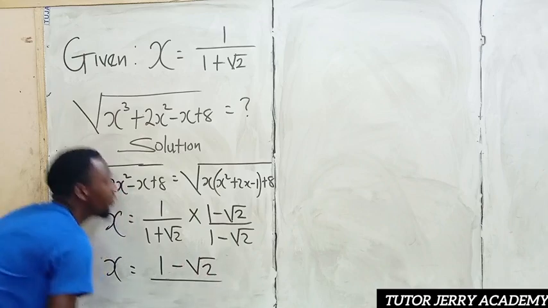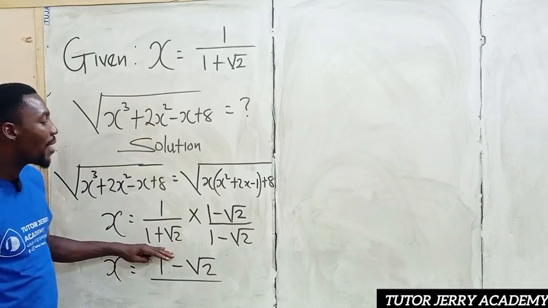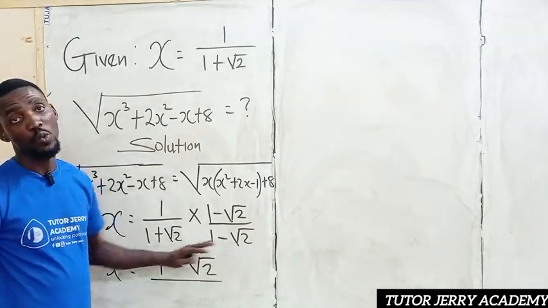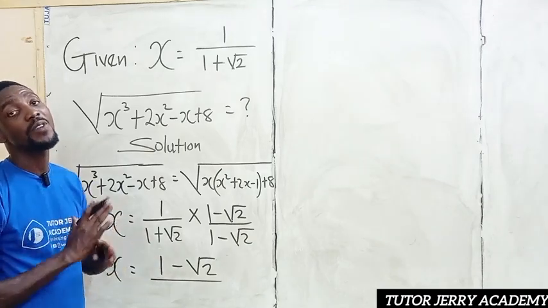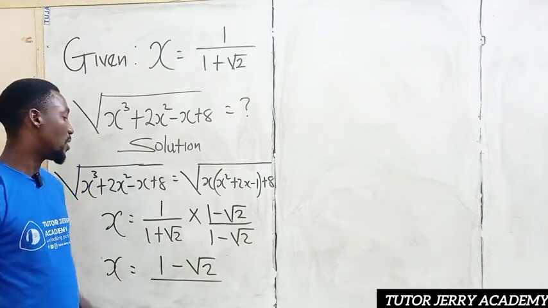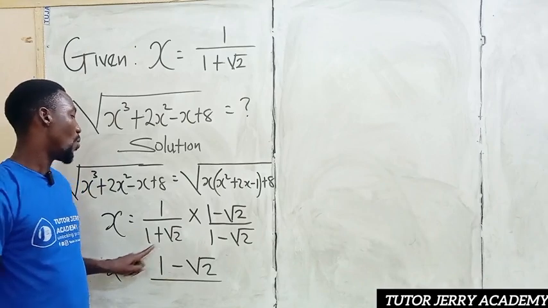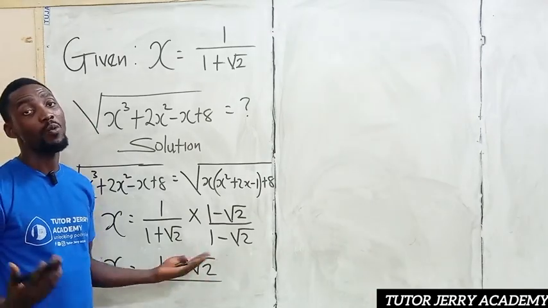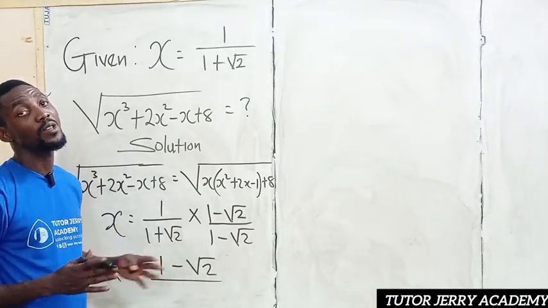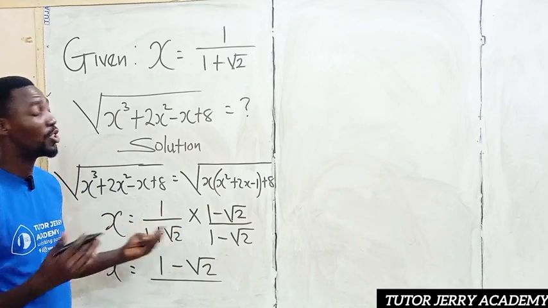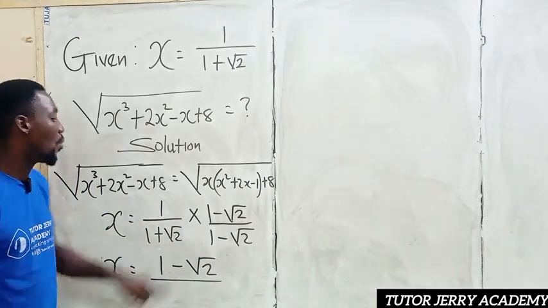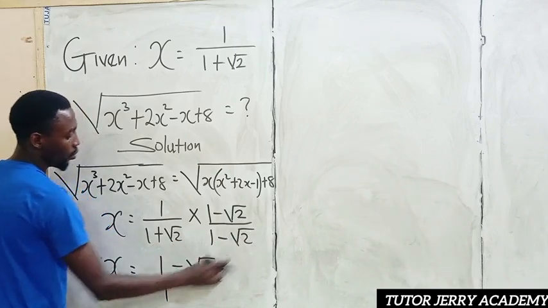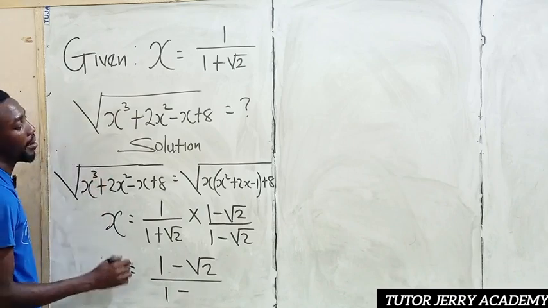All over, now you know what we have here is nothing but a difference of two squares. And when we have a difference of two squares, you don't need to say 1 multiplied by 1, 1 multiplied by minus root 2, this multiplied by this. No, you are wasting your time. Once you have a difference of two squares and you want to multiply them, the trick there is 1 times 1, that is 1, and root 2 multiplied by root 2, that is 2.